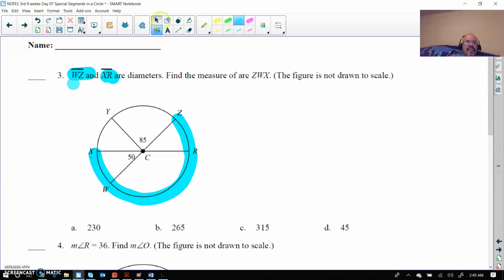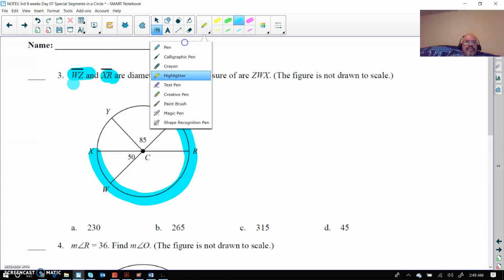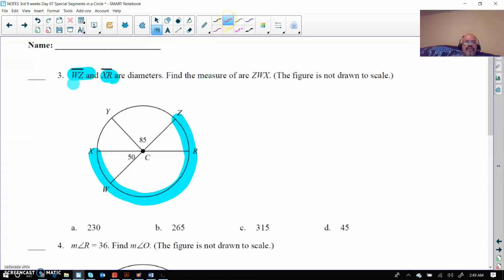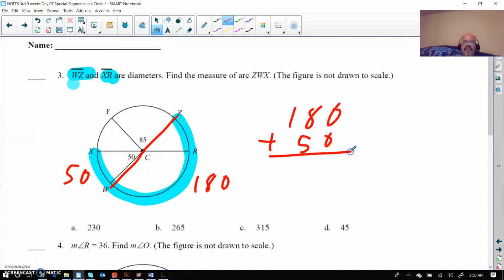Now, just remember, let me change pen color because I'm getting tired of that one. This part right here is a diameter, so this part right here is 180 degrees for the arc ZW. Then we have another 50 degrees, so we have 180. We're going to add 50 to that to get the entire arc. So this is going to be 230.